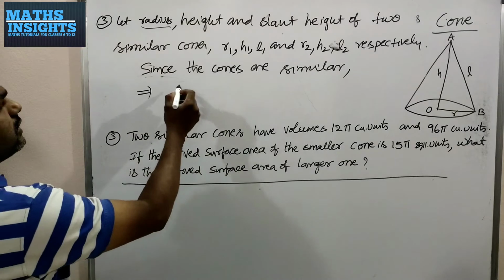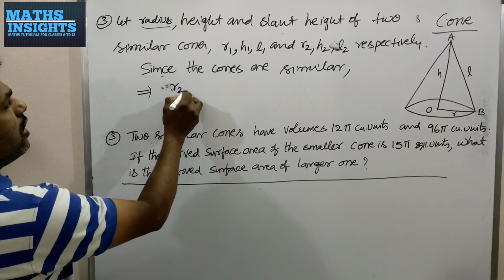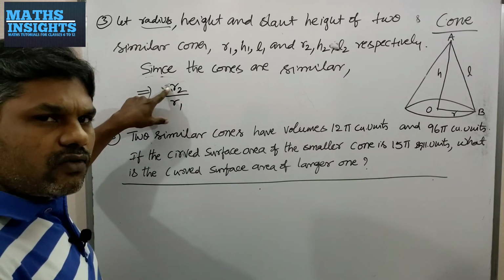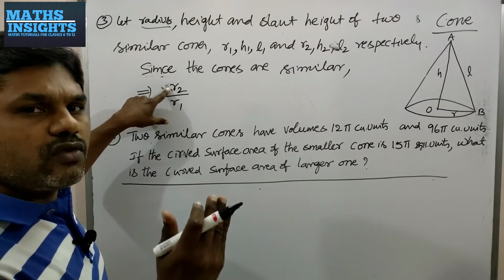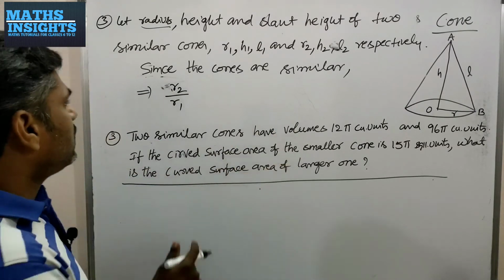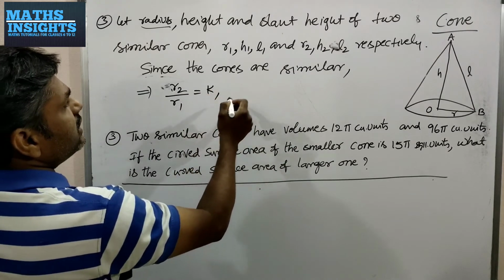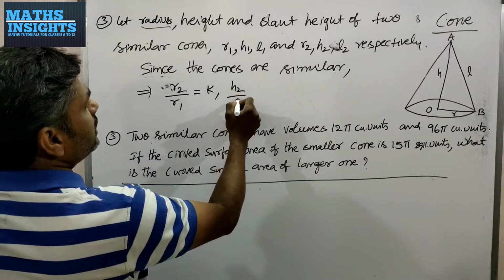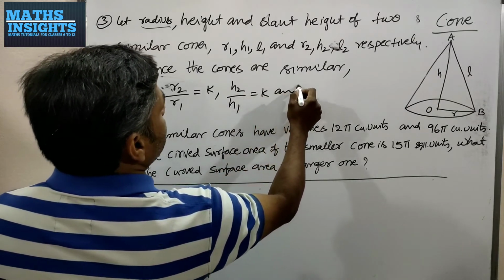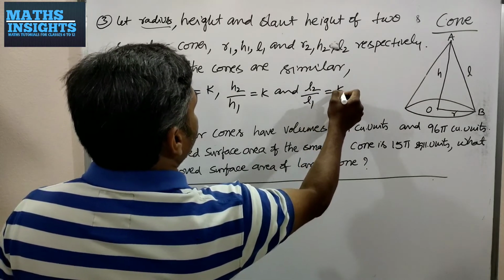I am taking r2 by r1, otherwise you may take r1 by r2, whatever it may be. R2 is the radius of the circular base of the bigger cone and r1 is the radius of the circular base of the smaller cone. R2 by r1 is equal to, let it be, k. Similarly h2 by h1 is also k, and finally l2 by l1 is also k.